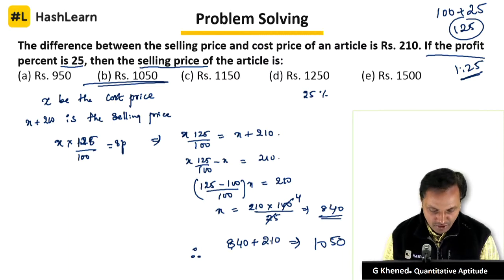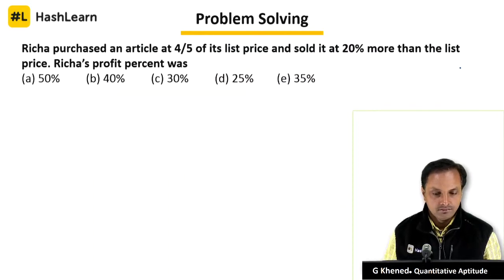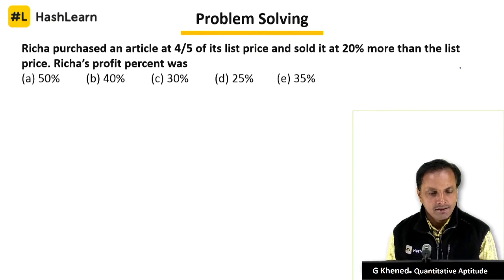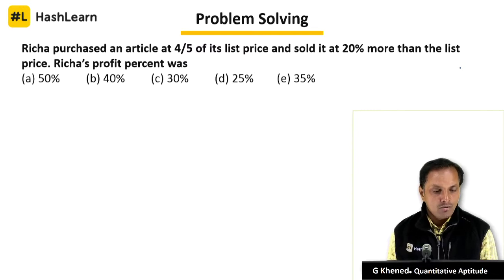Fine, let us come to the next problem. Richa purchased an article at 4 by 5 of the list price and sold it at 20% more than the list price. What is Richa's profit percent?